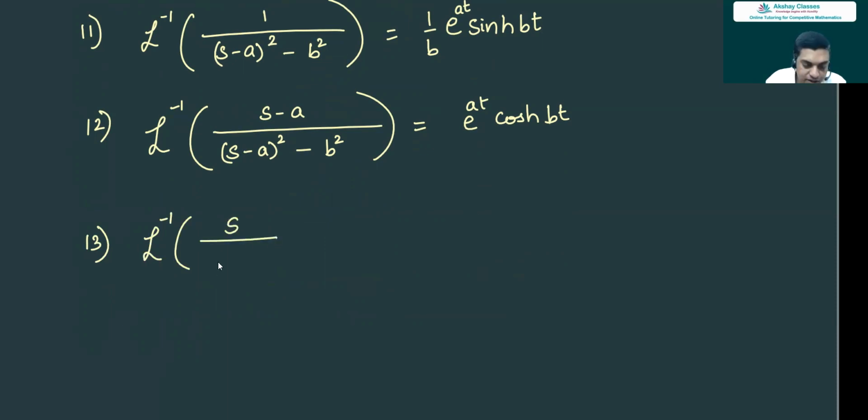This is s by (s square plus a square) the whole square. Say multiplication by t.